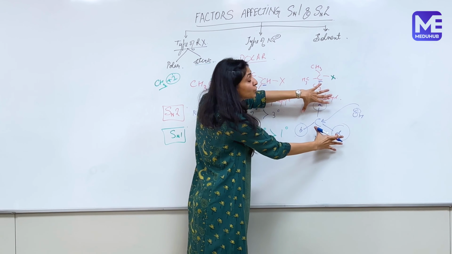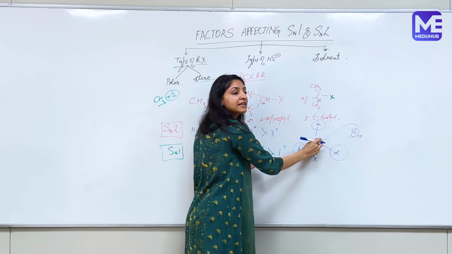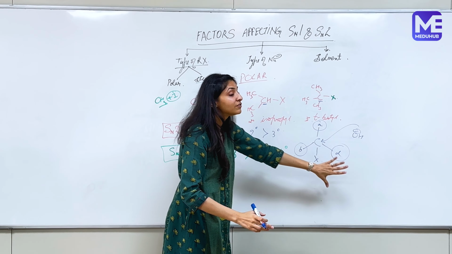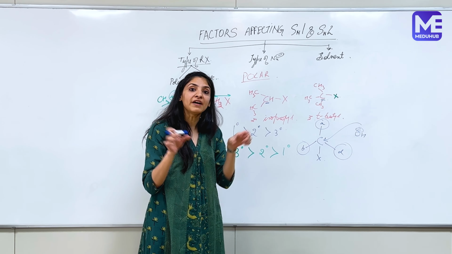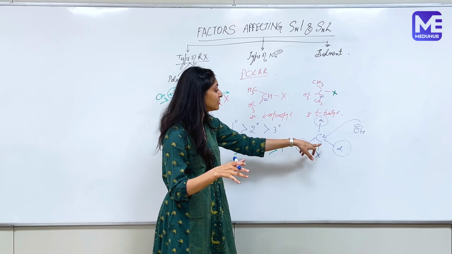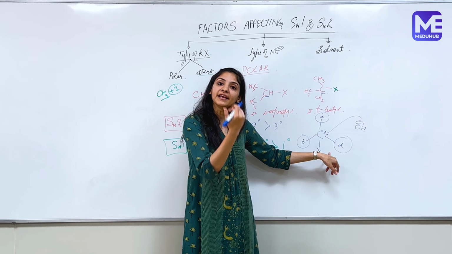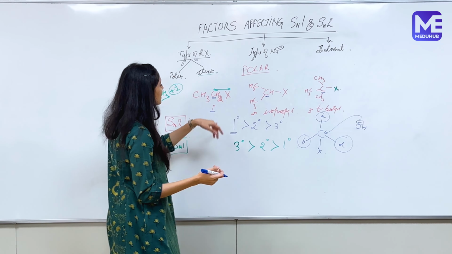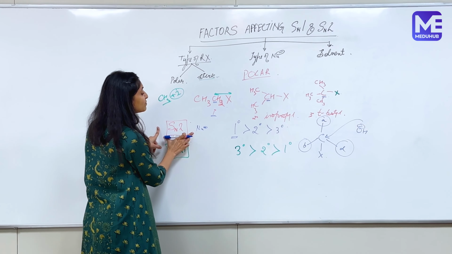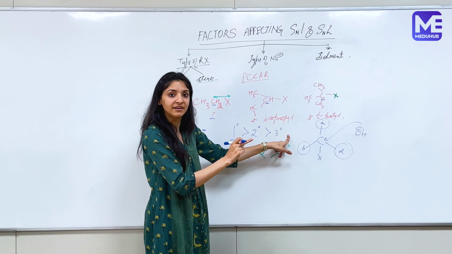Because all these groups will have to compress and move so that OH minus can come attack this carbon. And in the transition state, there are going to be 5 atoms or groups simultaneously attached to this carbon. So because of overcrowding, this attack will be somewhat hindered. This again follows that it is easiest for an Sn2 mechanism to take place in a 1 degree halide and most difficult in a 3 degree halide.